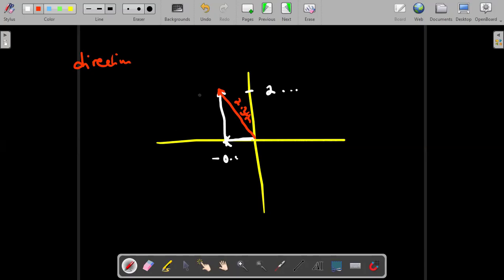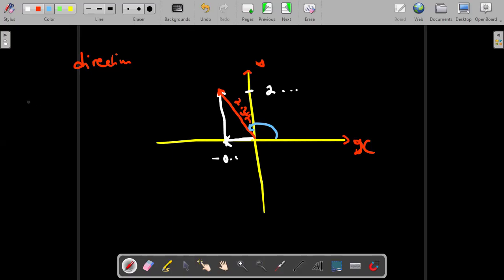So we've drawn the vector, sketched the vector. That's how the vector is. But now we must still find the direction. The direction of this vector is going to start from the positive x-axis until we touch that vector. So if we start from here all the way up to there, that is going to be my direction. So how do I find that direction?